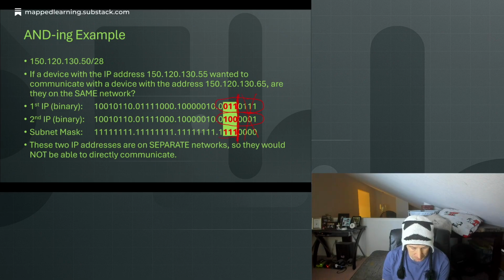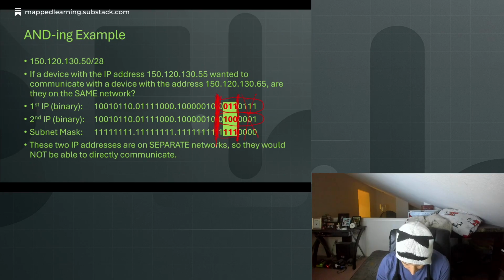Because the first 3 octets, 150.120.130, are the same in both addresses, we don't have to care about the first 24 bits. They're the same, so so far it looks like they may be on the same network.